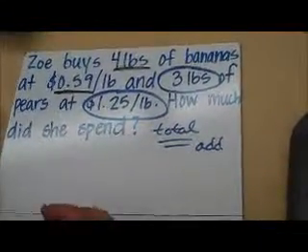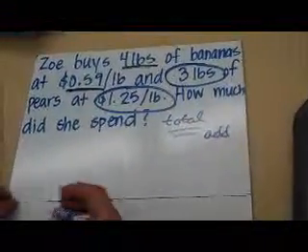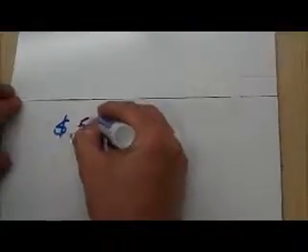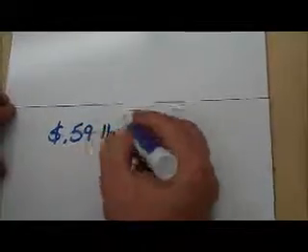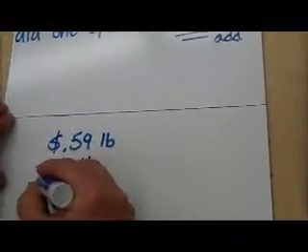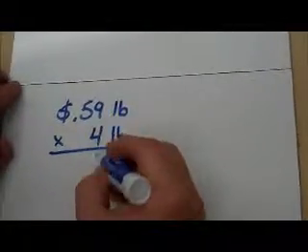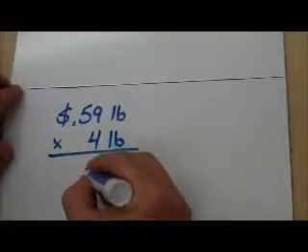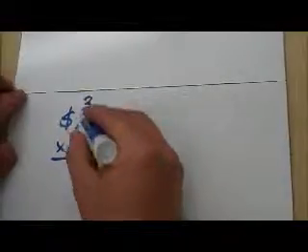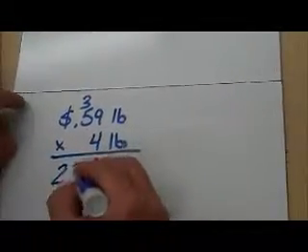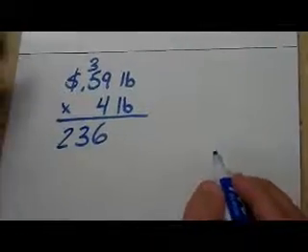If Zoe has 4 pounds of bananas at 59 cents a pound, I'm going to take my 59 cents a pound of bananas and multiply by the 4 pounds that she buys. If I go through my algorithms here, just do it the old-fashioned way, I see that I will end up with this number.